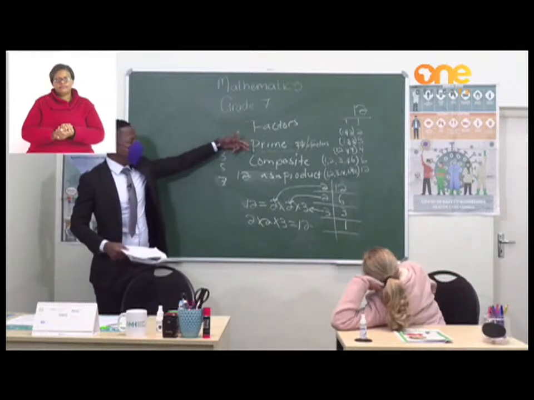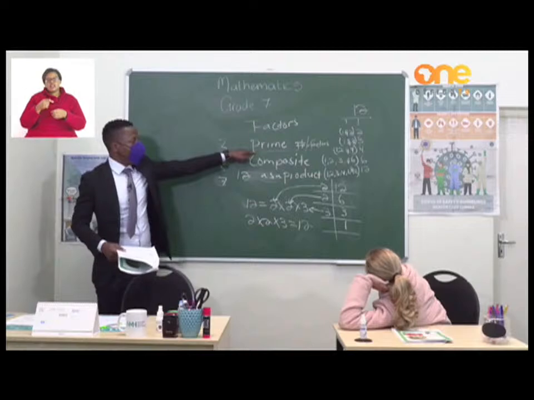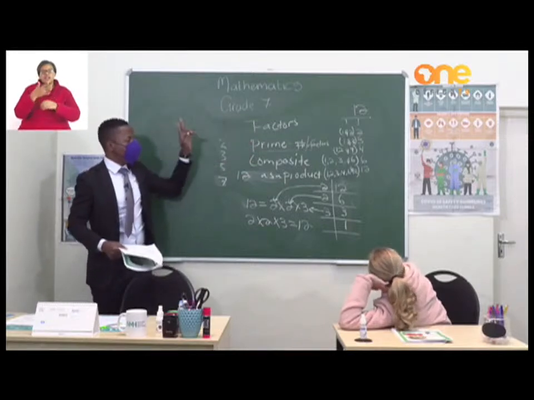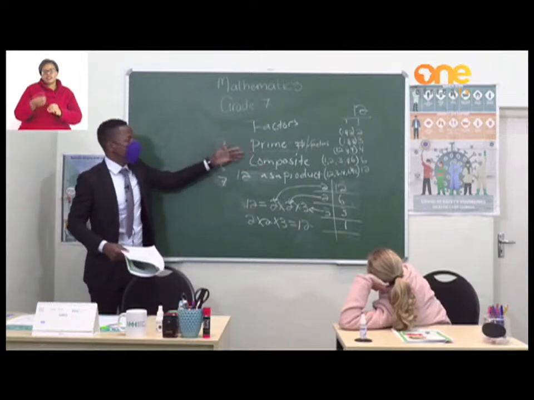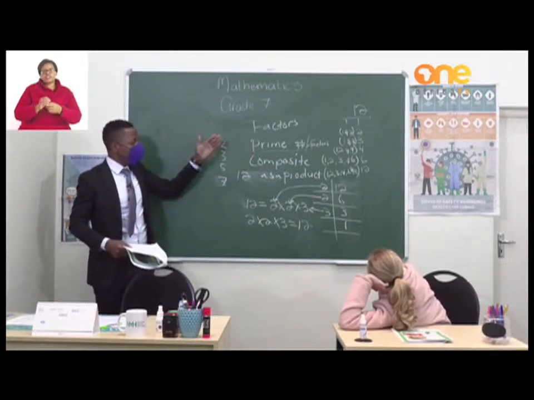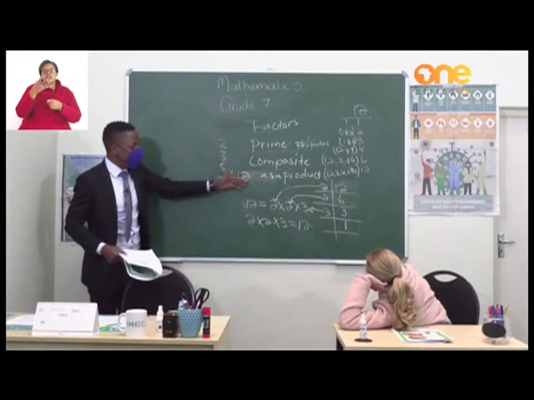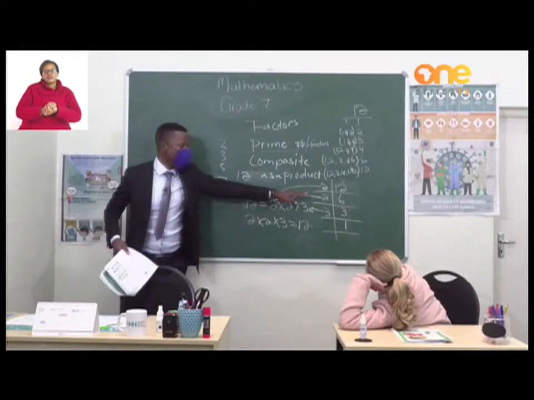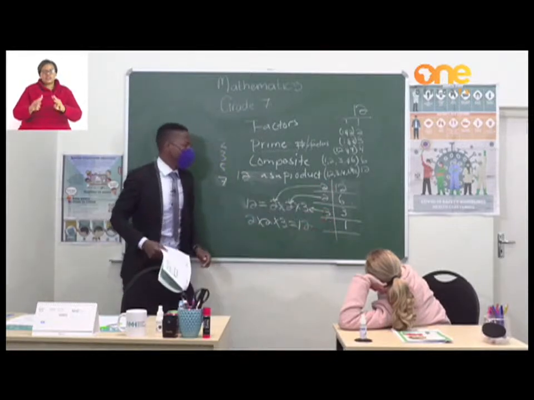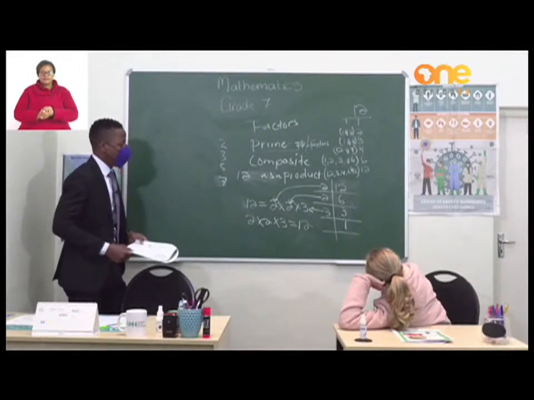A factor is a number that goes into a number without leaving a remainder. A prime number, a prime factor, you've got 2 factors, one and itself. A composite number is a number with more than 2 factors. Writing as a product of its prime factors, you do it this way, but you need to show your work on how you get to the answer.